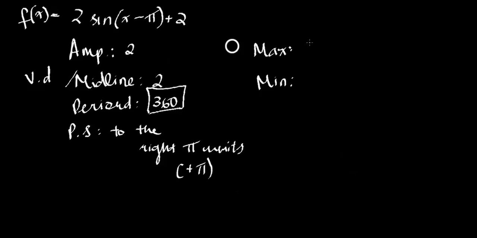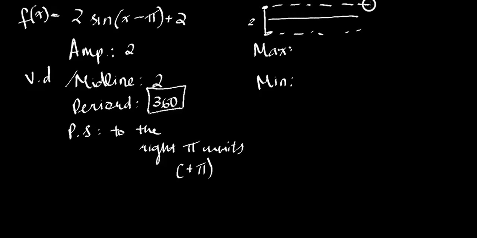Alright? The max and min are pretty easy. We know the midline is 2, and we are now looking for the max and the min. But how do you find that? Well, it's 2 plus something and 2 minus something.